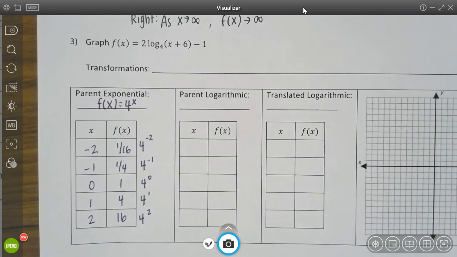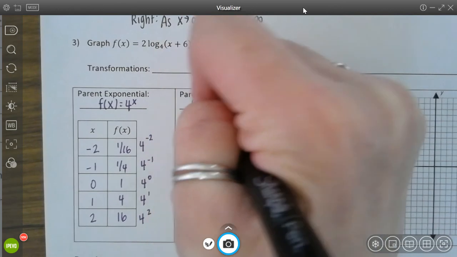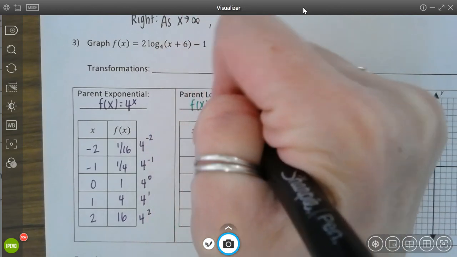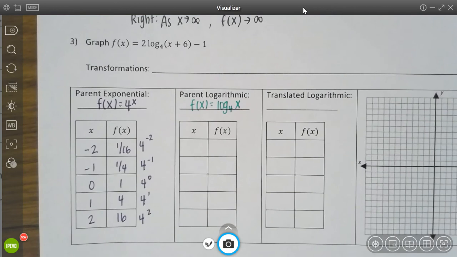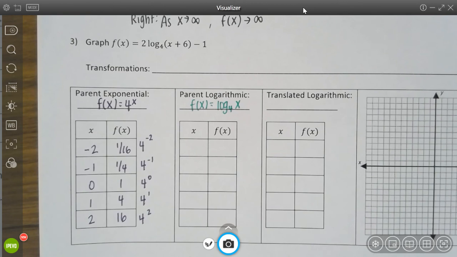And then that would make your parent log a log base 4. So I'll have you go through, fill in the transformations, fill in your parent log function, do your transformations based on your A's, H's, and K's. And while you're working, I'll go ahead and do my work up here as well.